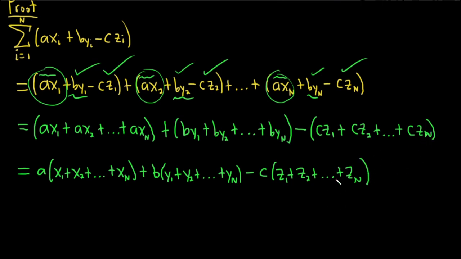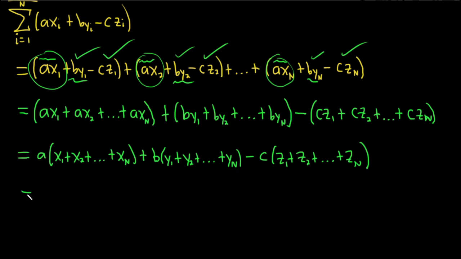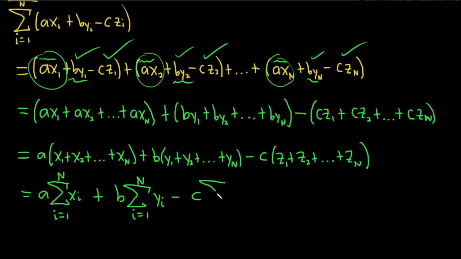All right, and now we just write these in summation notation, right? So a, this is the sum of the x's, so this is the sum as i runs from 1 to capital N of x sub i, and then plus b, and then we have the sum as i runs from 1 to capital N of y sub i, and then minus c, then we have the sum as i runs from 1 to capital N of z sub i.